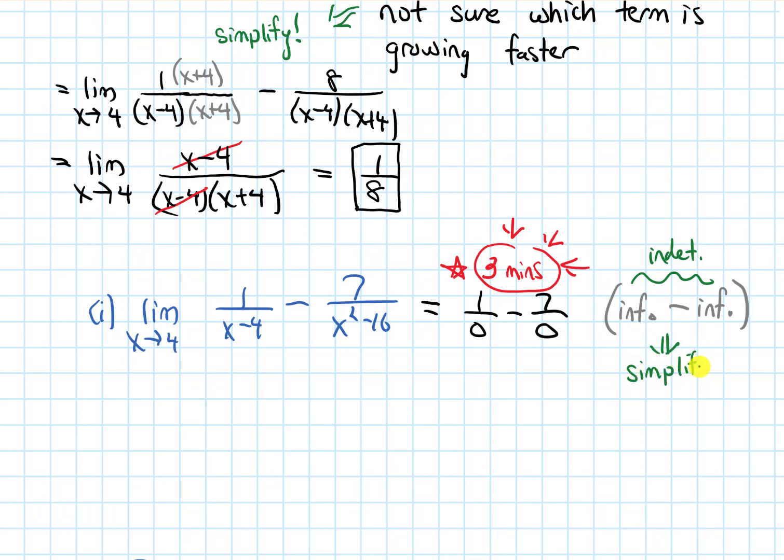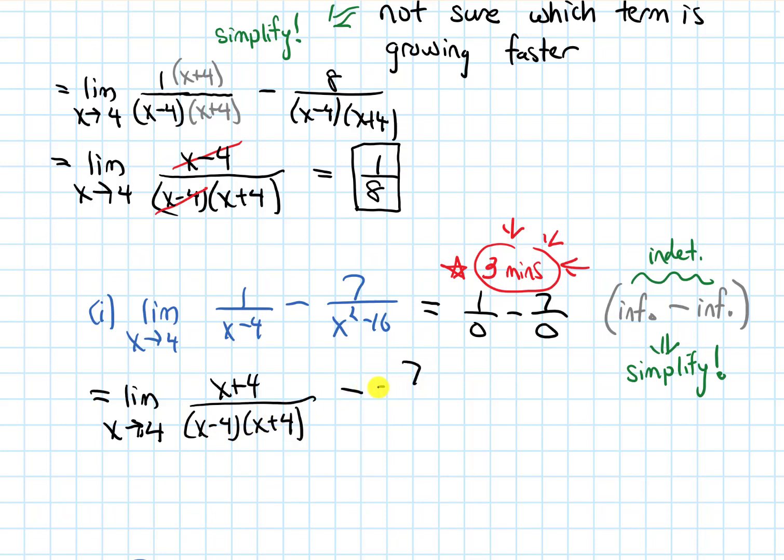I can't tell just seeing that it's infinity minus infinity what it's going to be. I've got to simplify. So let's do a common denominator again, because we're subtracting two fractions. Again, I'll multiply the first fraction top and bottom by x plus 4 to get x plus 4 on the top, and then x minus 4 times x plus 4 on the bottom.